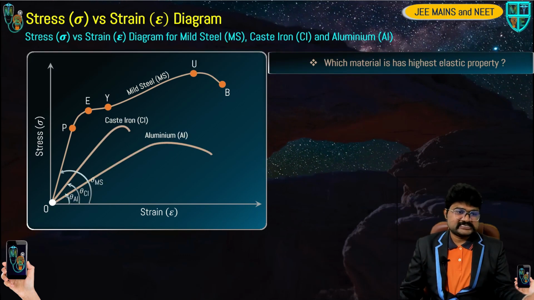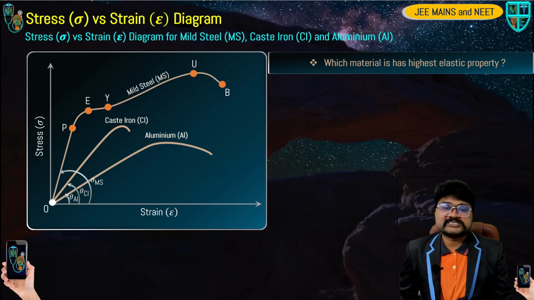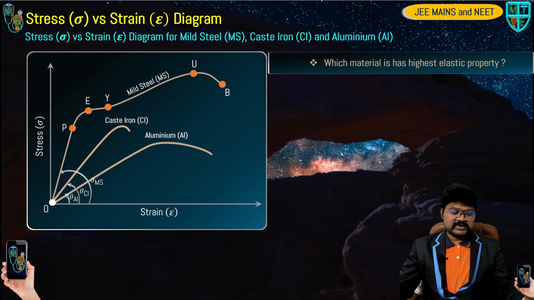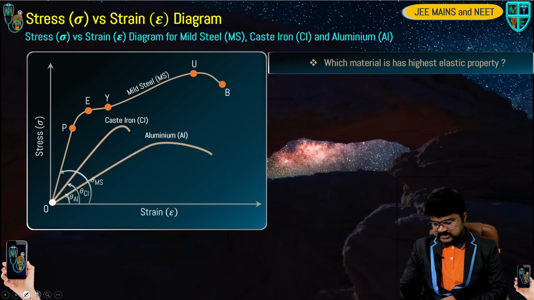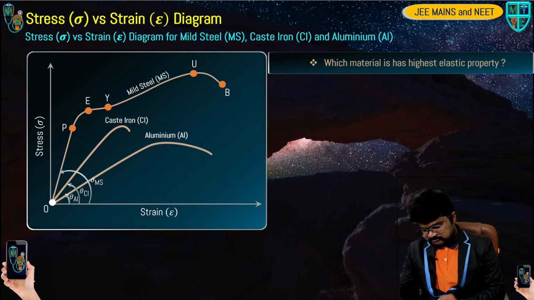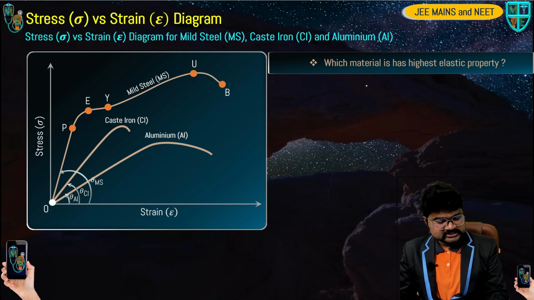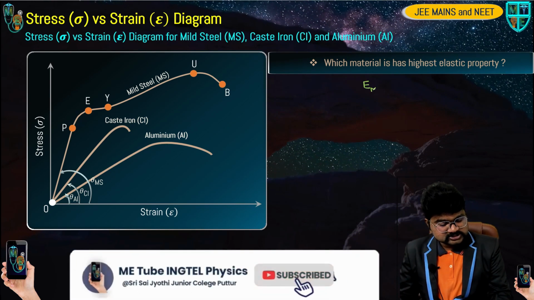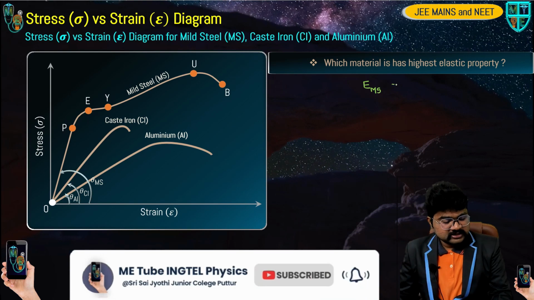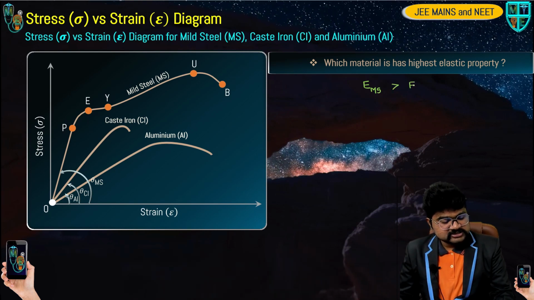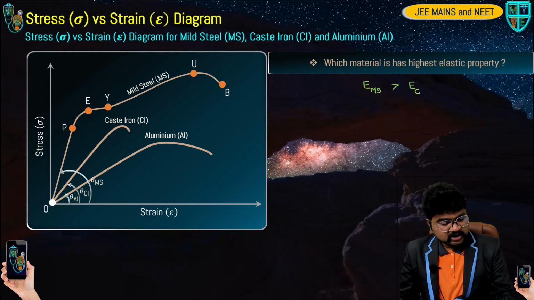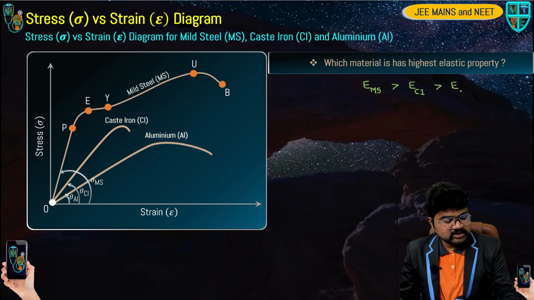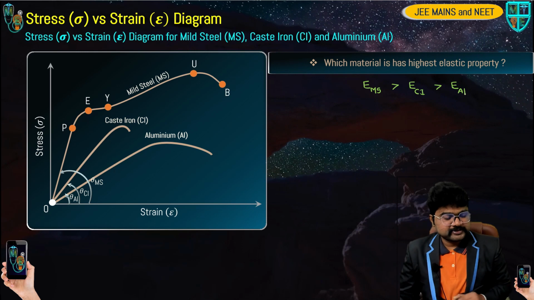You can easily say which one has the highest elastic property. From Young's modulus only we will be discussing. Young's modulus of mild steel is greater than Young's modulus of cast iron, greater than Young's modulus of aluminium.